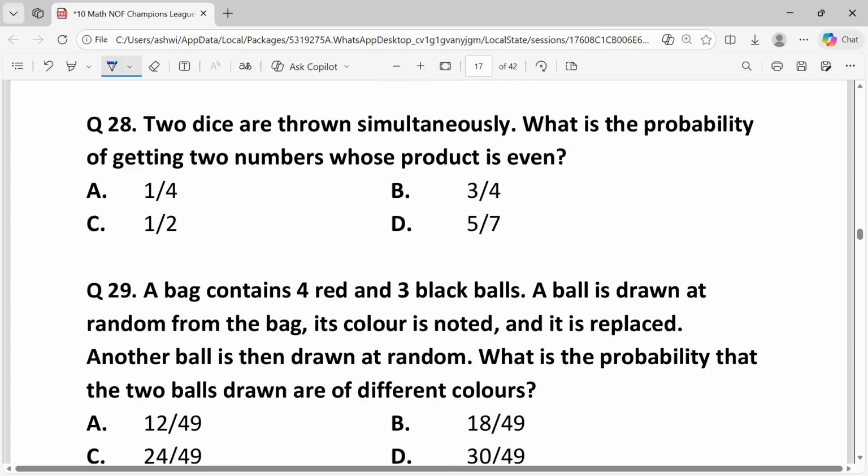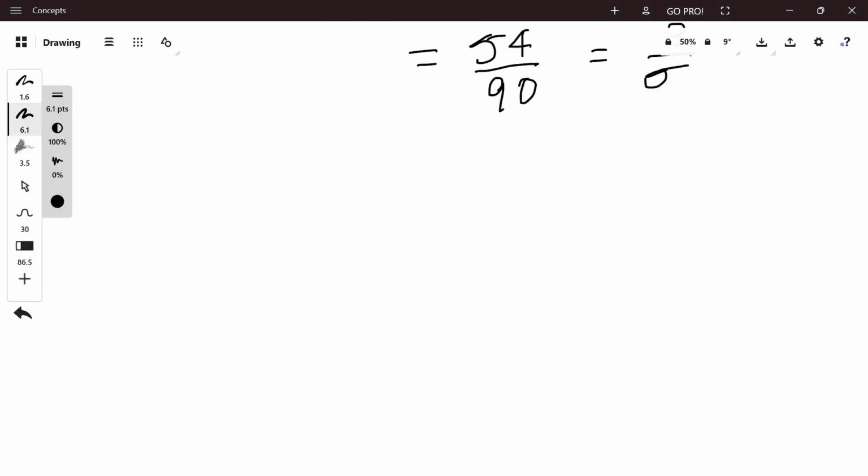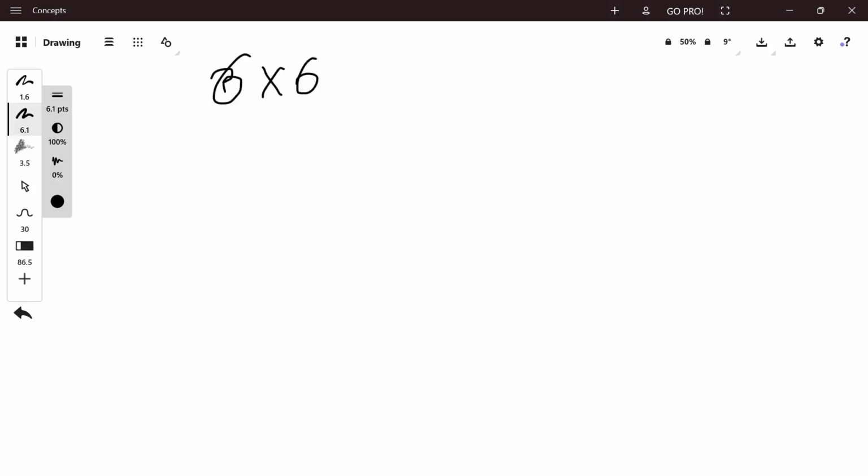Question 28. Two dice are thrown simultaneously. What is the probability of getting two numbers whose product is even? When two dice are thrown, the total number of possible outcomes is 6 into 6, which is equal to 36.